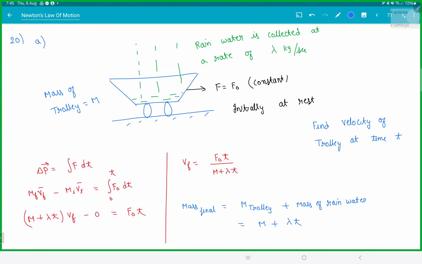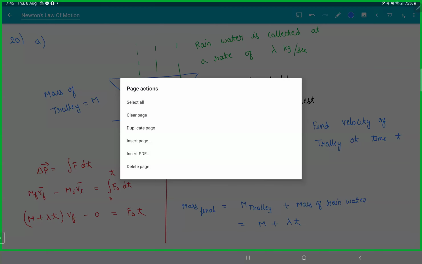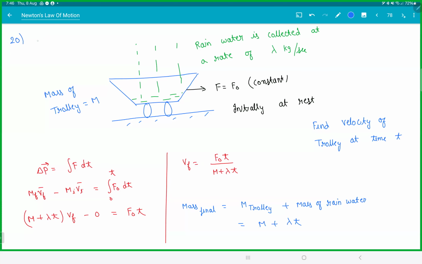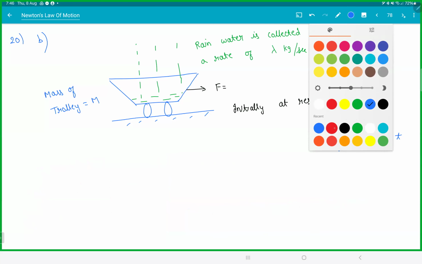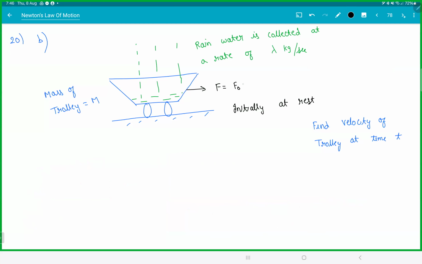Similar question, exact same thing, I'll just change a few things. Let's say instead of force being constant, F is equal to F naught t, where t is time. What if you apply a variable force? Now find the velocity. It is the same thing, I just made it a little complex. You're applying a force on a trolley which is increasing with time. Now find the velocity of the trolley after time t.